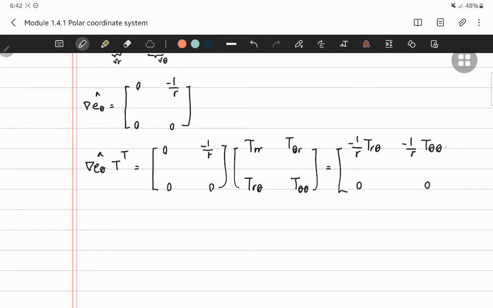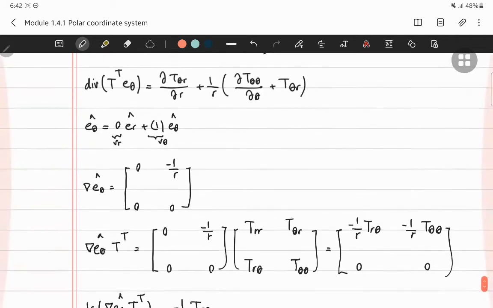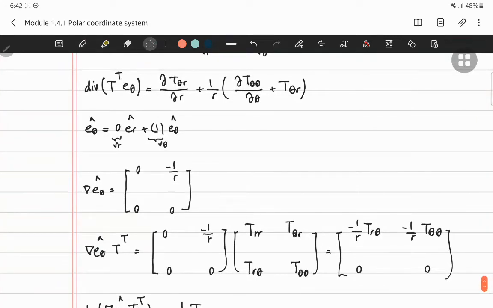This is 0 and this is 0. And the trace of del e_θ T transpose is minus 1 divided by r T_rθ. Great. So now we have this expression here.